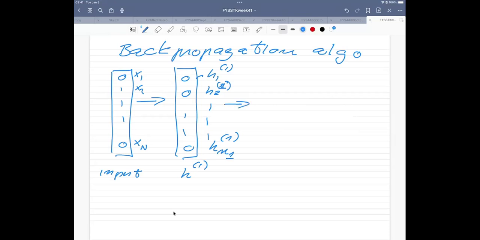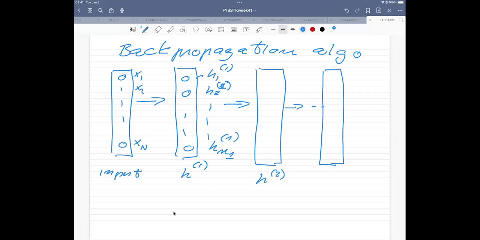The output here feeds into the next one, and I'm just going to write this in a generic way. So I just call this H2, and this goes on. Then we have a given layer here, which I'm just going to call H of L. These are the nodes which you have. And this continues to the final layer. So this is my output. All these are hidden ones, so we can put dots here.